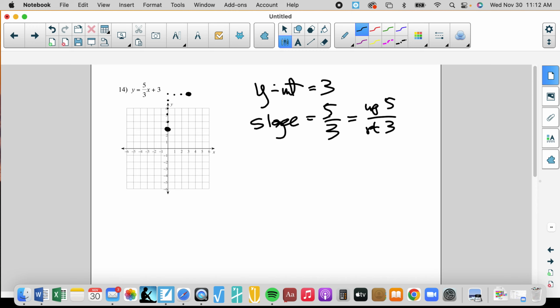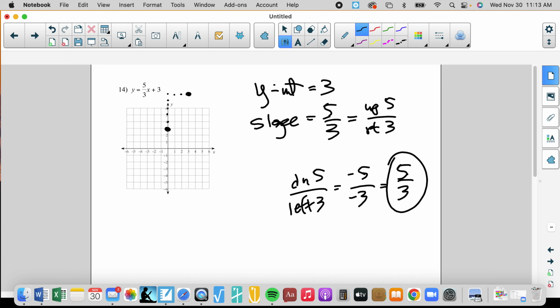Or the opposite of up 5, right 3 would be down 5, left 3, because down is negative and left is negative, and we know -5 over -3, 2 negatives make a positive, so we still end up with that proper slope, 5/3. So if I went down 5 and left 3, I would get to this point, which still gives me the same line.